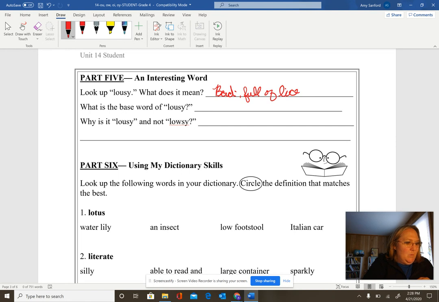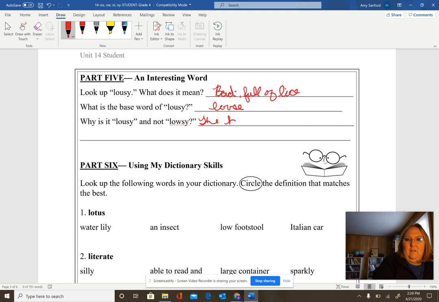What is the base word of lousy? The base word would be louse. Louse, louse. So why is it lousy and not lousy? The base word is louse, which has the OU spelling inside the word in the middle of one syllable. So it looks like this.